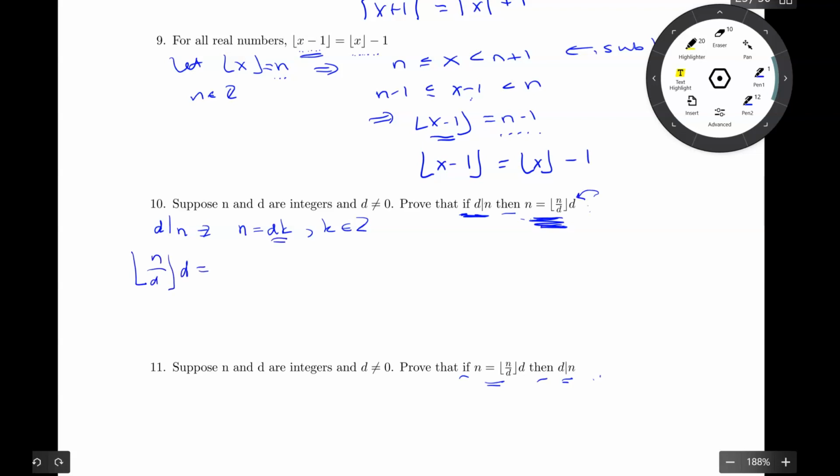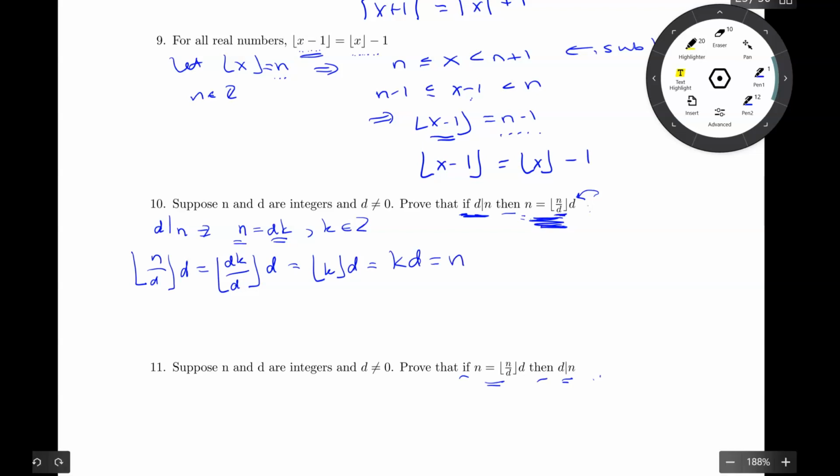And then I'm going to substitute in dk for the n. The d's will cancel, so I get the floor of k. Oh, well, what do I know the floor of k is equal to? k. So I get kd. And what do we know that that's equal to? That's equal to n. So I got there. So I got this is equal to this.